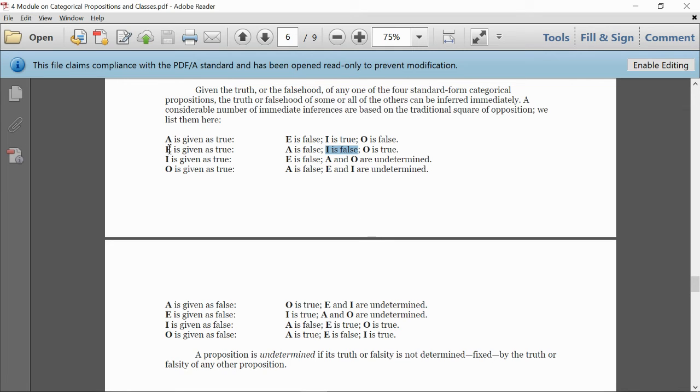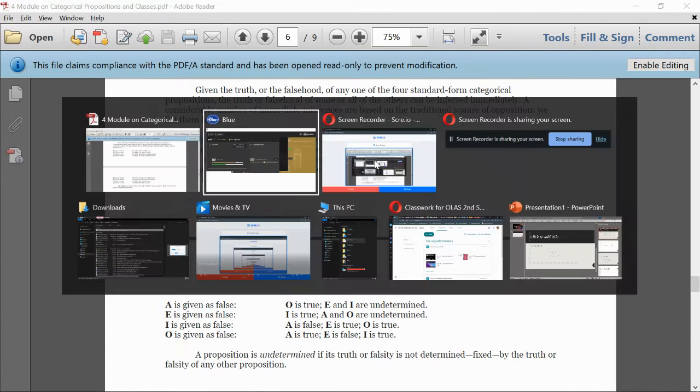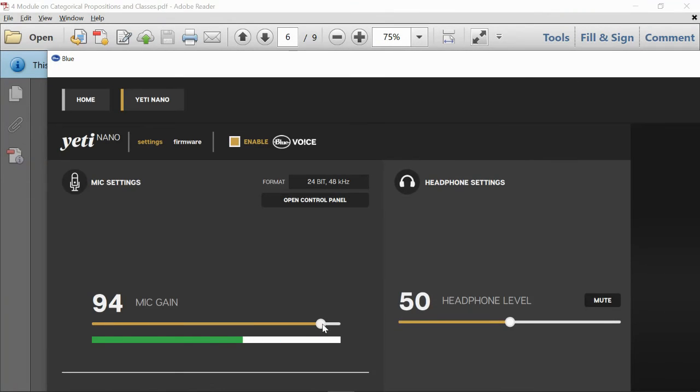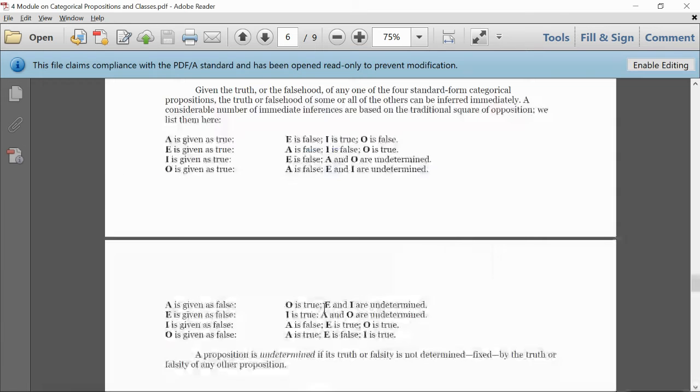What is an E proposition? No S are P. So definitely you would not say that all S are P and some S are P. But to say some S are not P would still make sense. When proposition I is given as true, proposition E is false, and propositions A and O are undetermined.